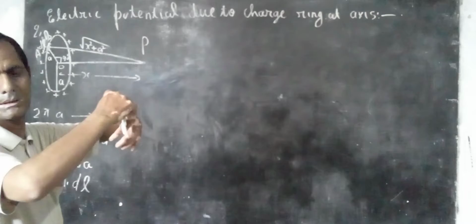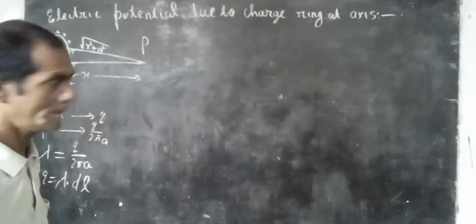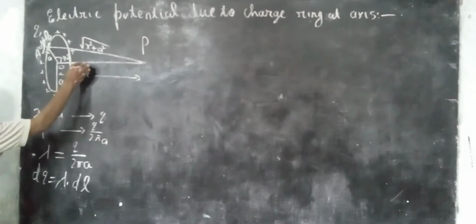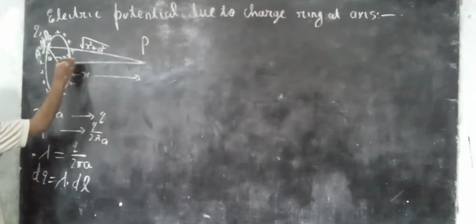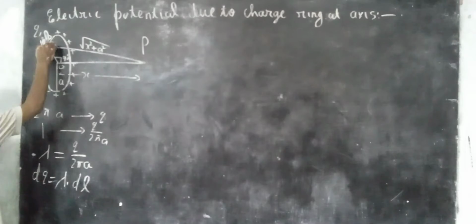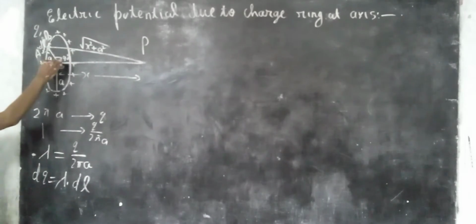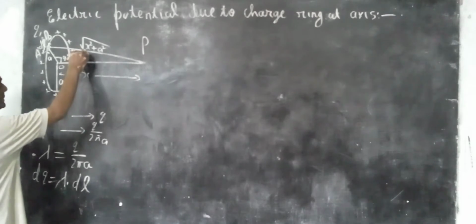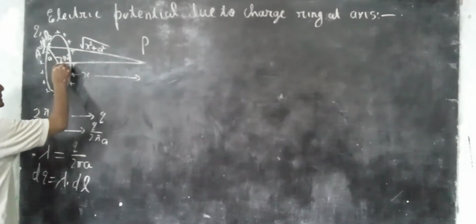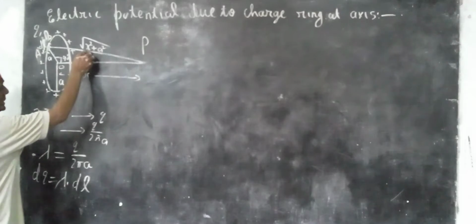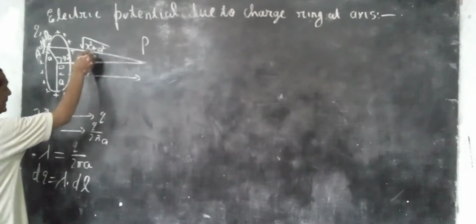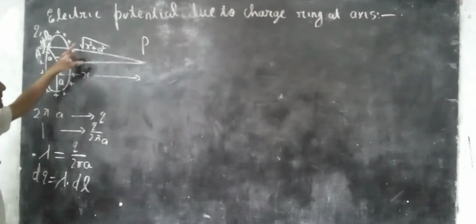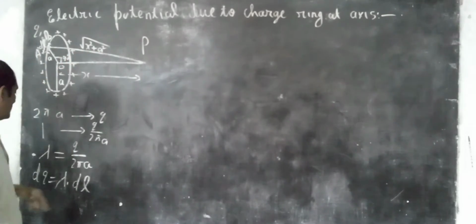This is perpendicular to the plane of the ring. The radius lies on the plane of the ring, and this is the perpendicular. So the square of the hypotenuse is equal to the sum of squares of base and perpendicular. So this length becomes root of x square plus a square.